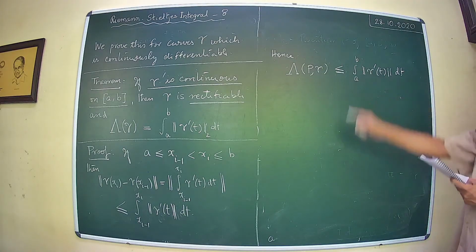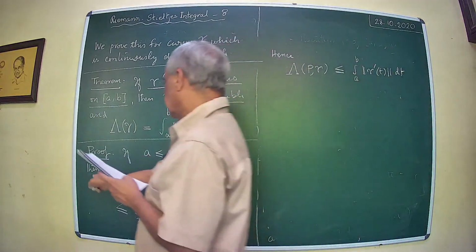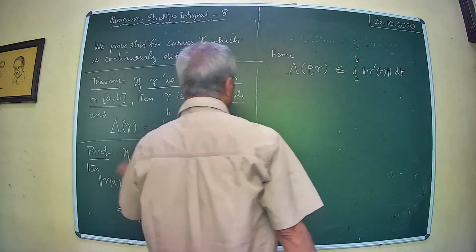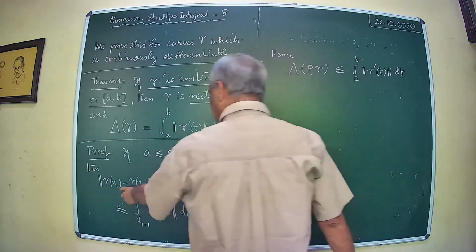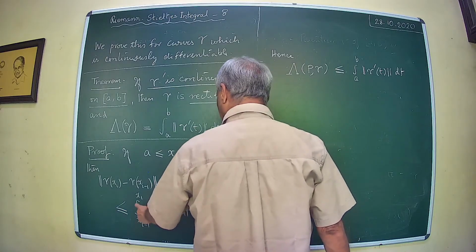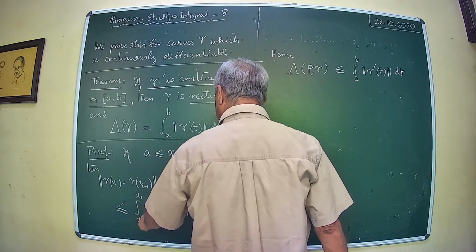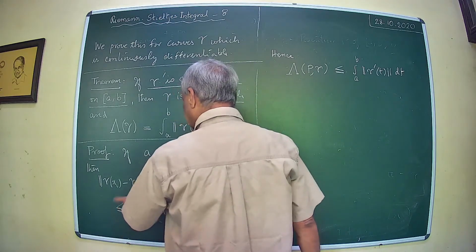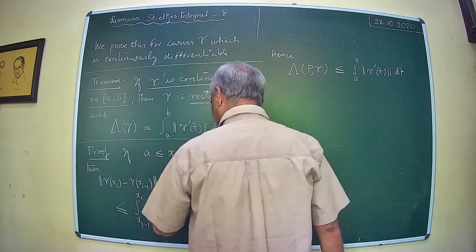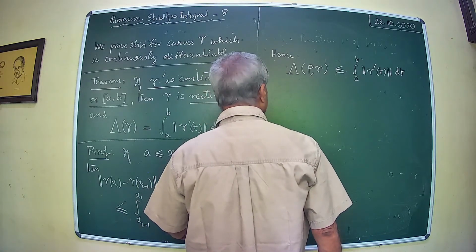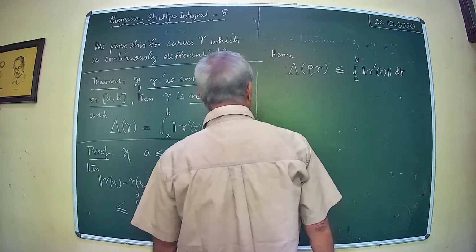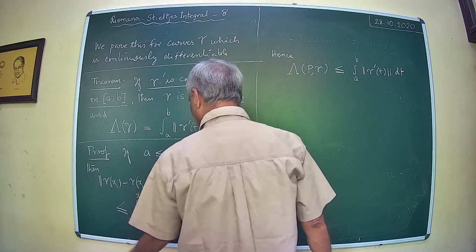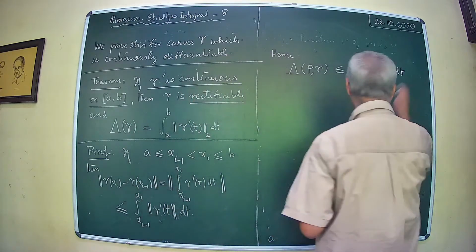Now this is easy to see from this. If you just sum it up, what you get on the other side will be lambda p gamma, which is less than or equal to the sum. So it's a finite sum. You can interchange the integration and summation, and this integral can be summed up from a to b. So you get this.